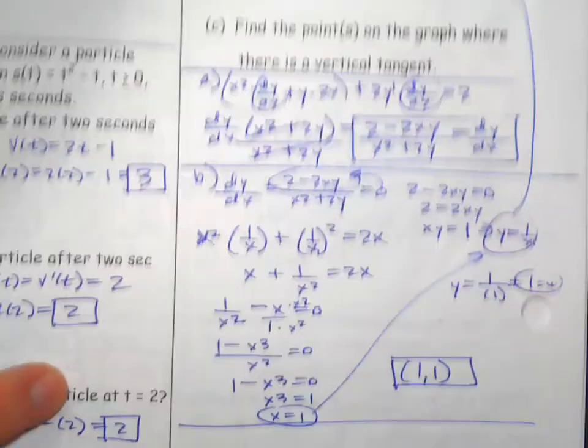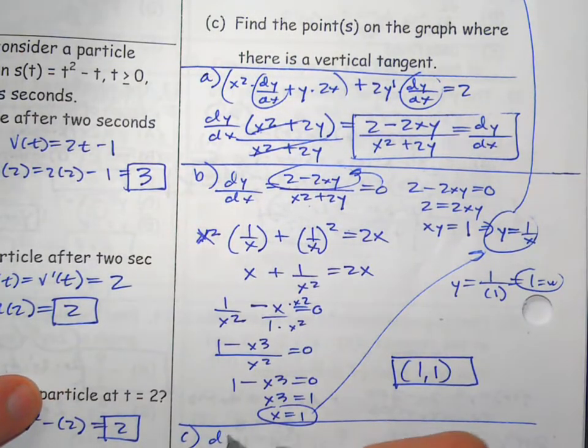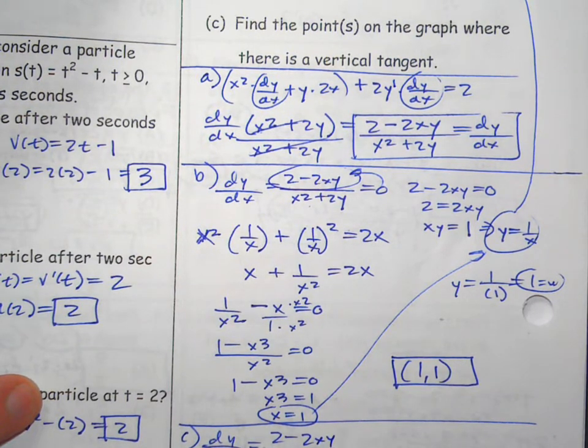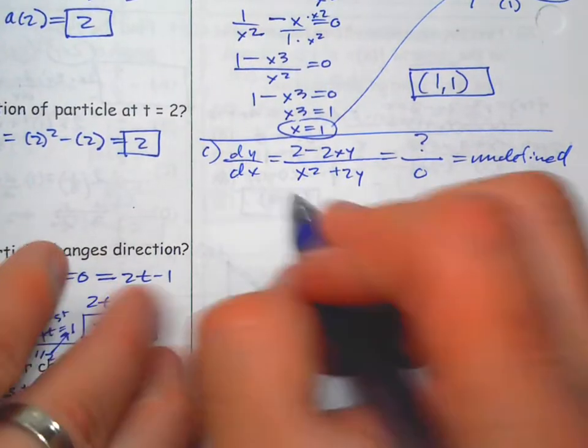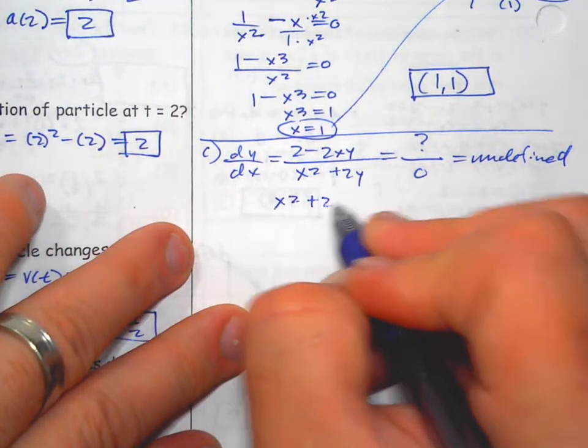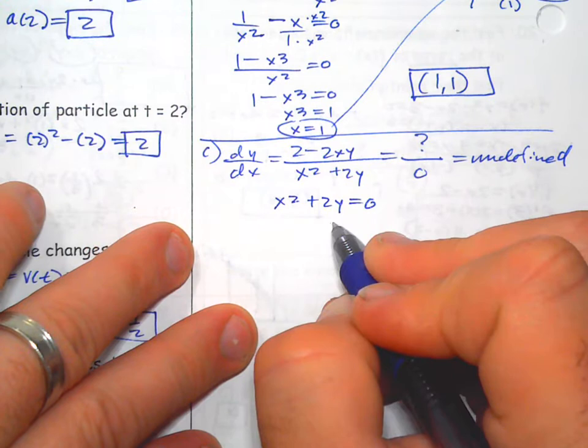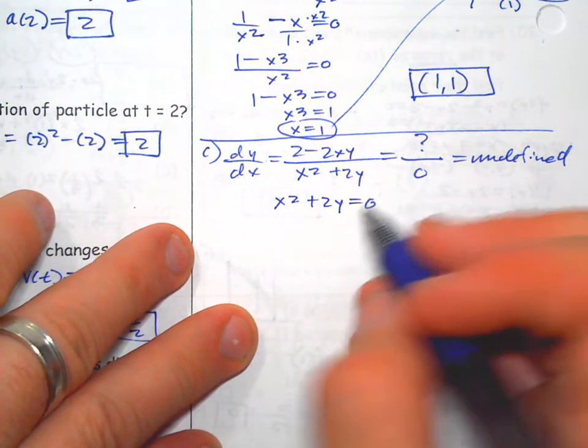How about vertical tangents? Well, that's going to be when your derivative is undefined, because division by 0 blows up and goes to infinity. Something over 0, right? Undefined. So we're going to set the denominator equal to 0, and I think now we have a strategy. We use the same strategy as last time.